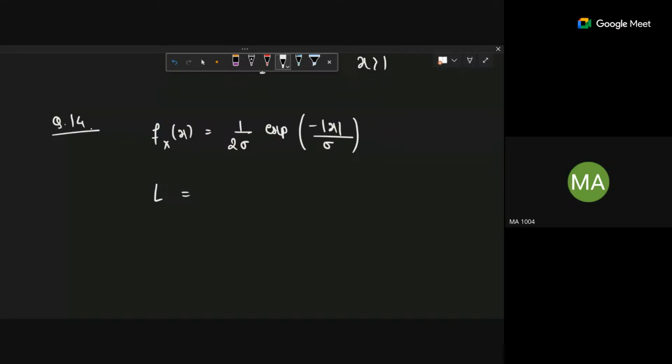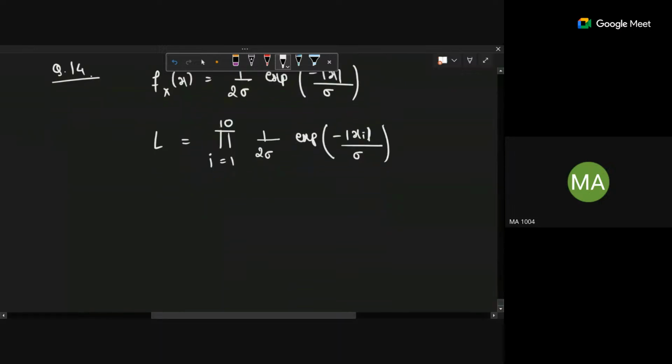Your sample will help us to limit this product from i equal to 1 to 10 of 1 upon 2 sigma exponential of minus modulus of xi upon sigma. We have been given 10 samples, so I will take the product over the 10 samples for their values of xi.